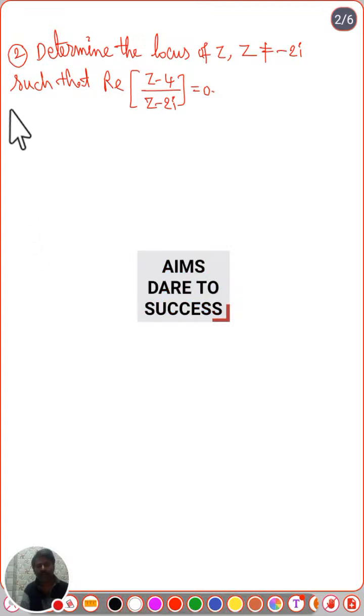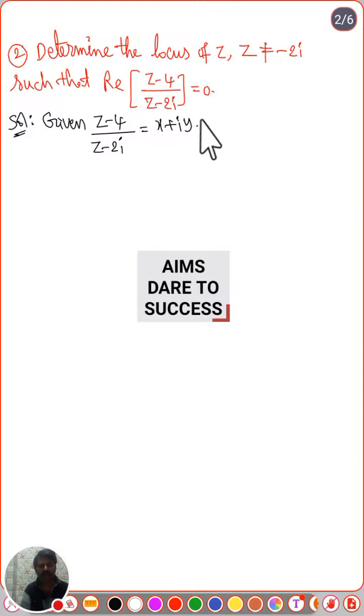Okay, here also real part. First of all, you will take without the real part, that is (z minus 4) by (z minus 2i). If they specify or not specify that z is x plus iy, minus 4, divided by, again z is the same, x plus iy minus 2i.